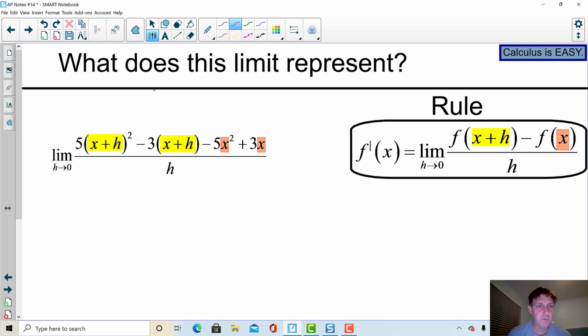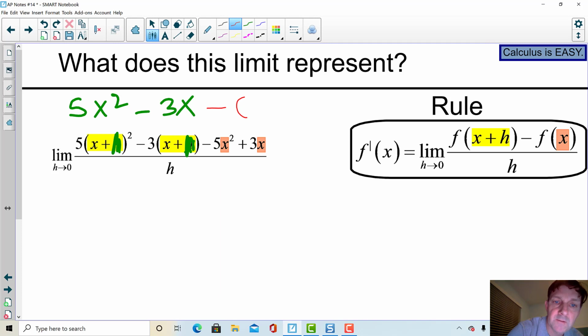Okay, here's another example. What does this limit represent? Again, I think the trick is to try to ignore the h. If you ignore the h, you would have 5x squared minus 3x. And if you take a negative out of the second part, you get minus 5x squared minus 3x.